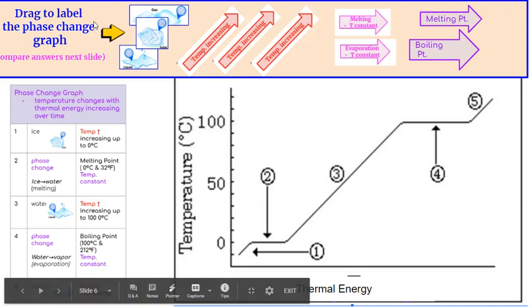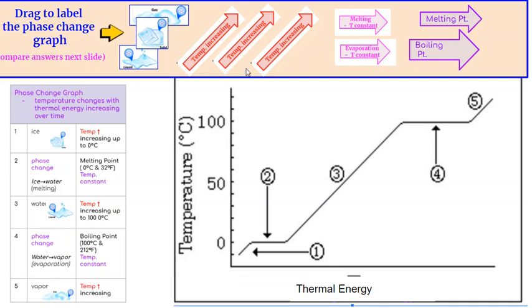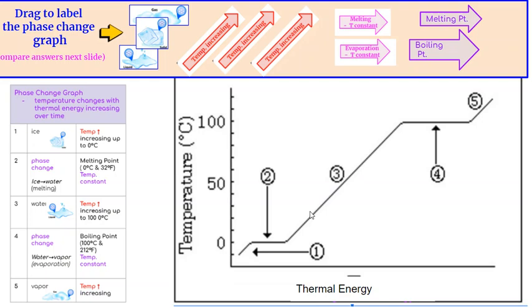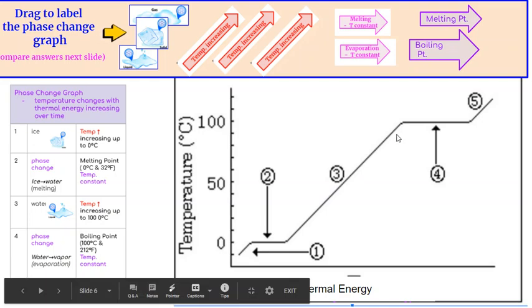Okay, so here you're going to drag to label phase change graphs. So again, looking at what's going on at each plateau or flat line here. So if you're starting here, so you're starting below zero, what's going on at this plateau? What state of matter is it here?